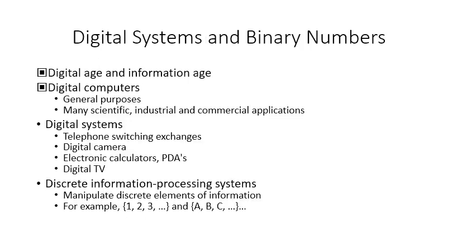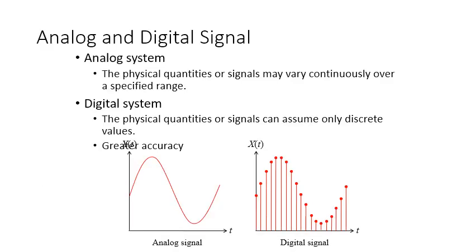So basically in today's technology age we are using digital systems everywhere. Digital systems are replacing analog systems because of their fast speed and accuracy.